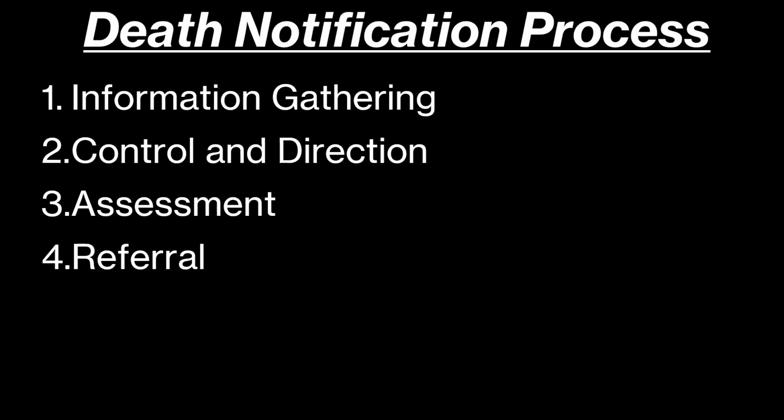The third step in this process is assessment. Normally, it will be an investigator who gives the death notification, unless it's a car wreck or something like that, and there's not an investigator. But we're talking in terms of homicide, so there would be an investigator. The assessment component is that you are assessing the reaction of the person you're giving the notification to.